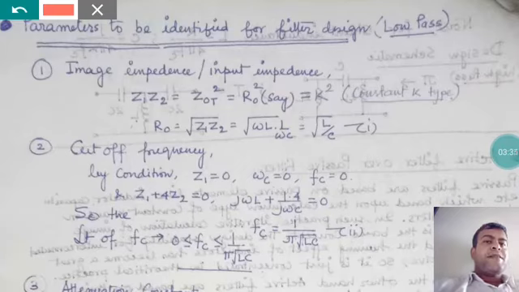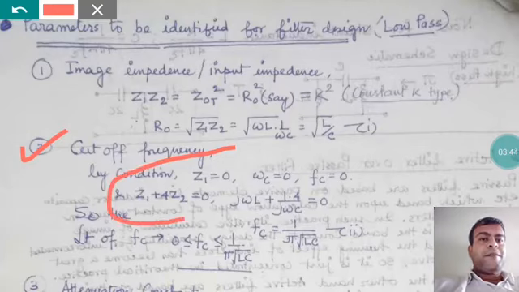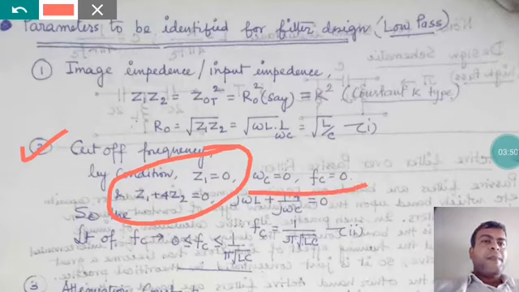So what is the cutoff frequency? For the conditions already considered, Z1 equals 0 and Z1 plus 4 Z2 equals 0. For Z1 equals 0, omega c equals 0, and fc equals 0.